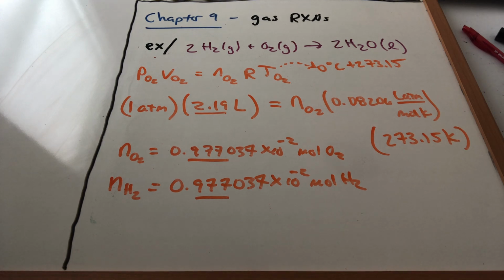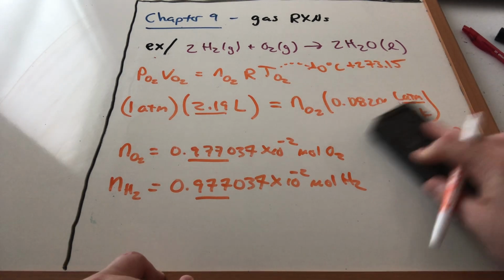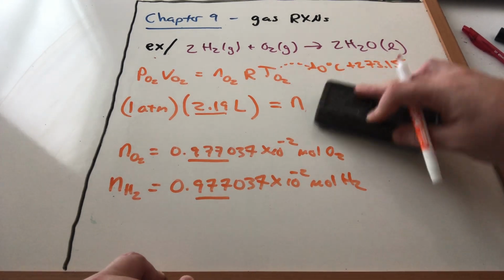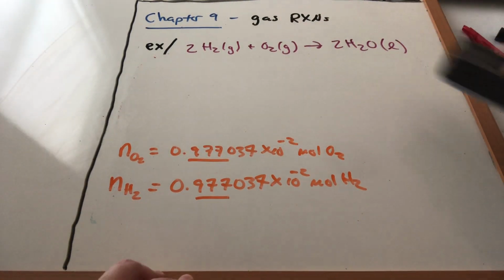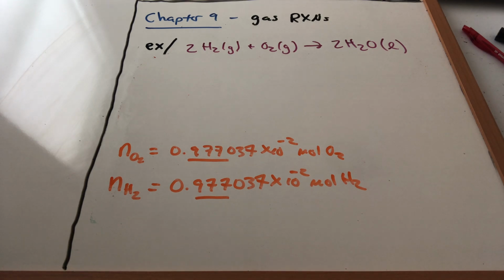But for this particular problem where the volume was the same for oxygen and hydrogen, why not just skip doing that math because we already know what it's going to be. So now what we're left with are moles of oxygen and moles of hydrogen.